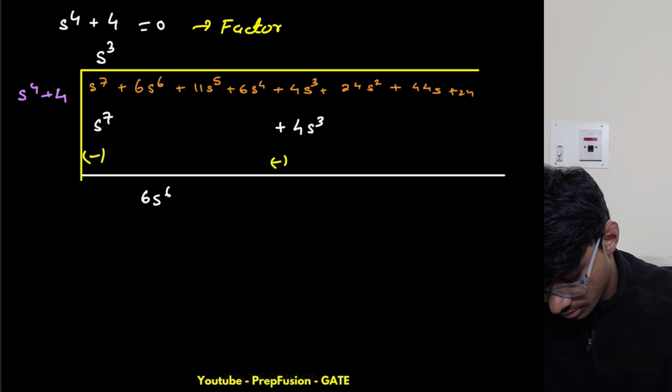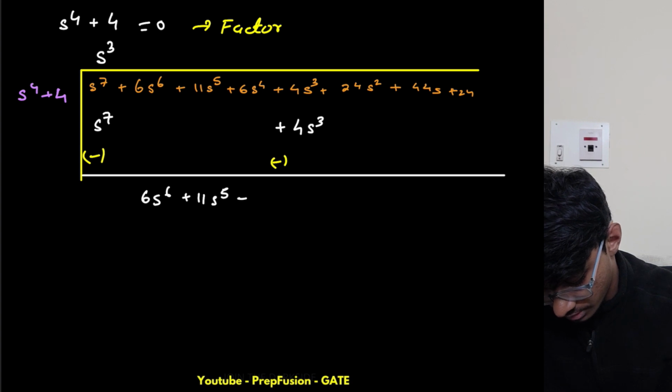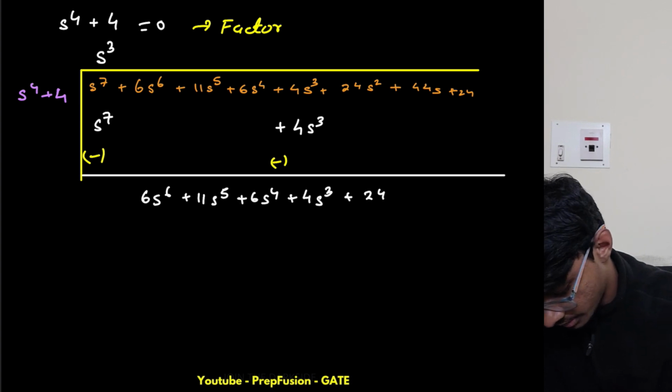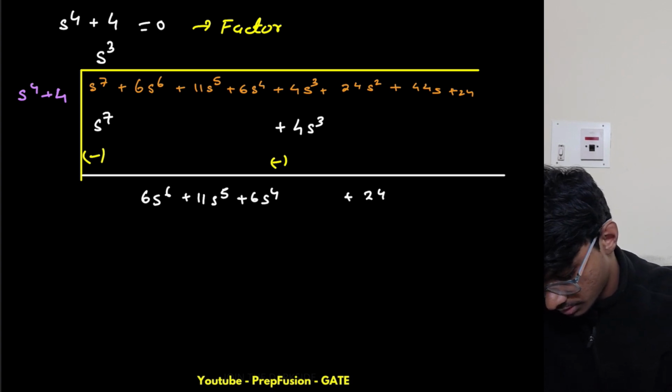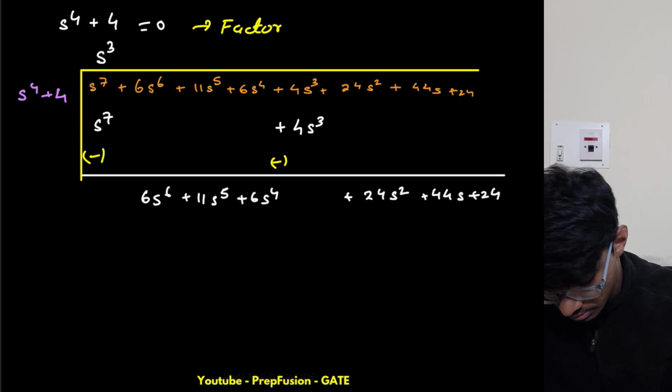Like this is gone, right? So this is 6s cube plus 11s to the power 5 plus 6s to the power 4 plus s cube plus, okay, this is subtracted, sorry, this is gone. 24s square plus 44s plus 24.